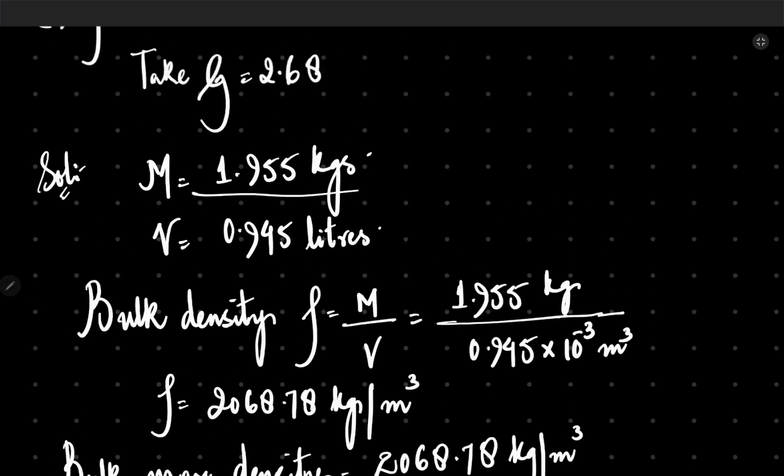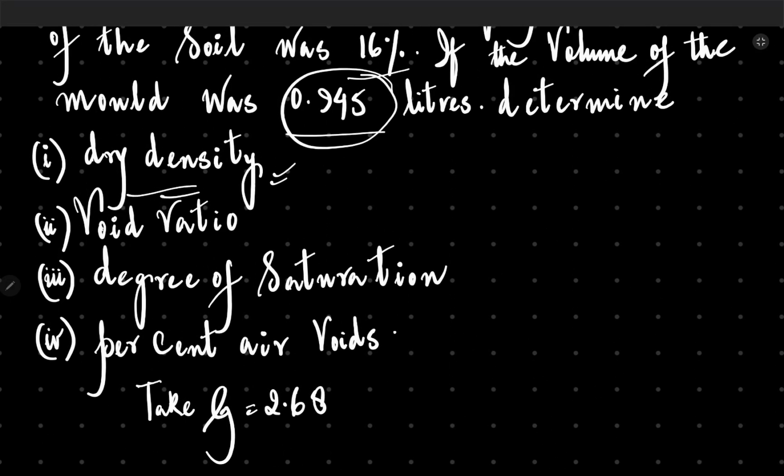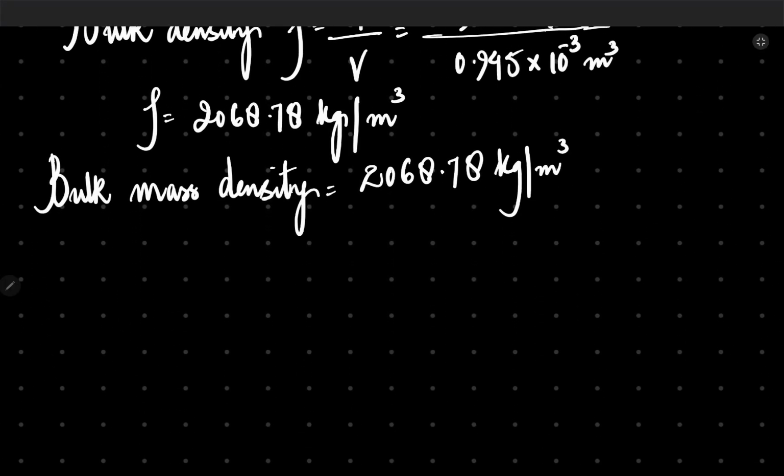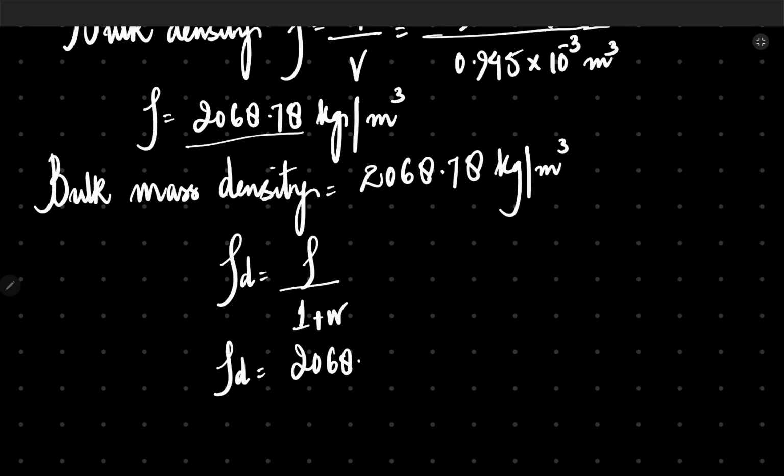Now I'll be finding the first parameter that the question asks us to find, that is the dry density. Because I know the water content, I will simply use this equation. Dry density is equal to bulk density divided by 1 plus water content. So dry density is 2068.78 divided by 1 plus water content.